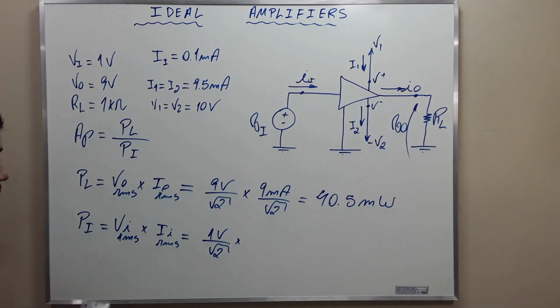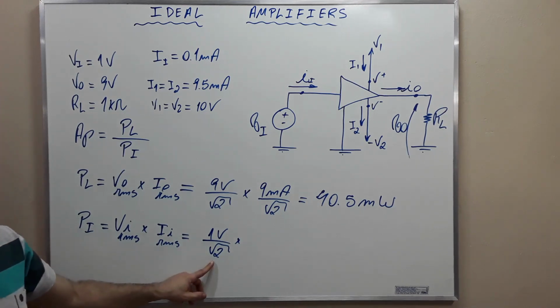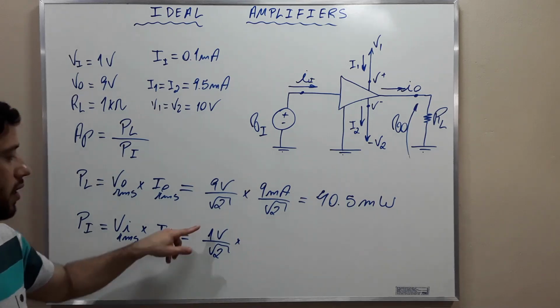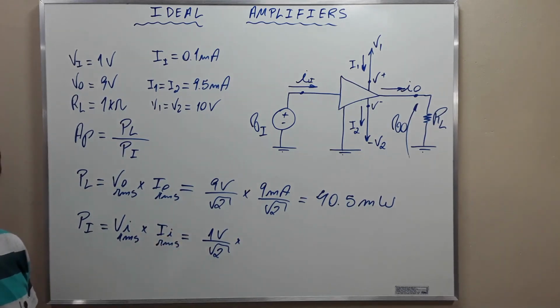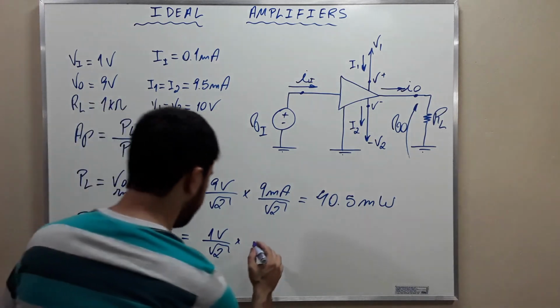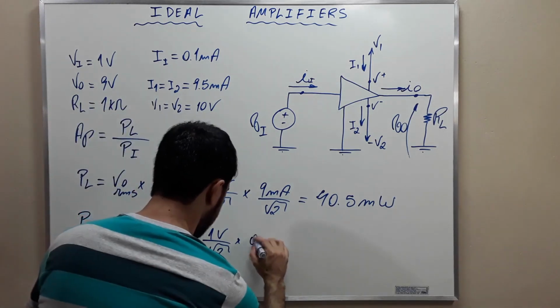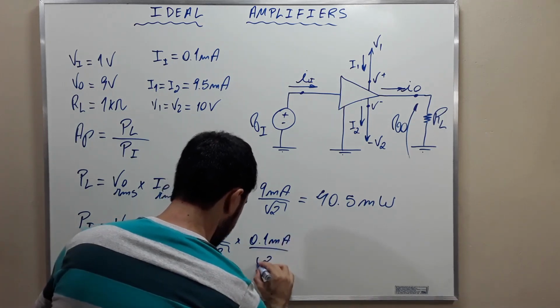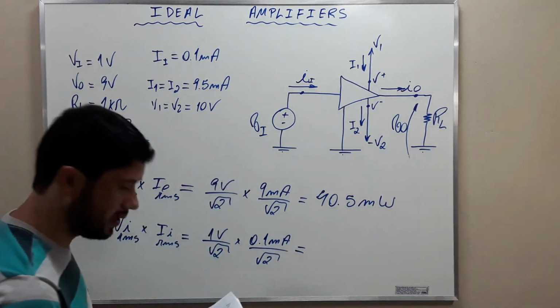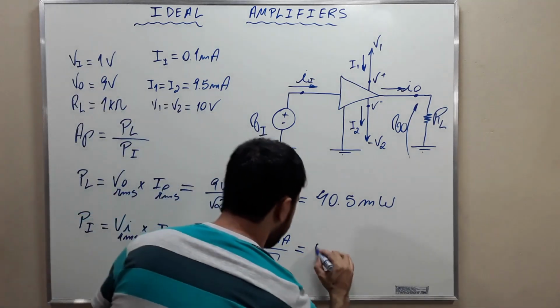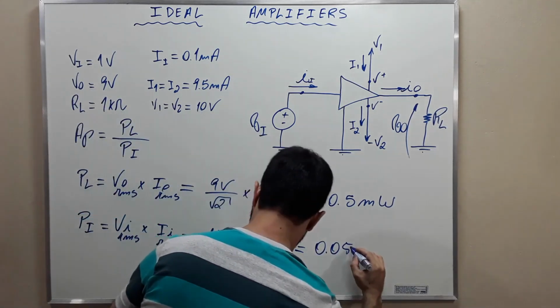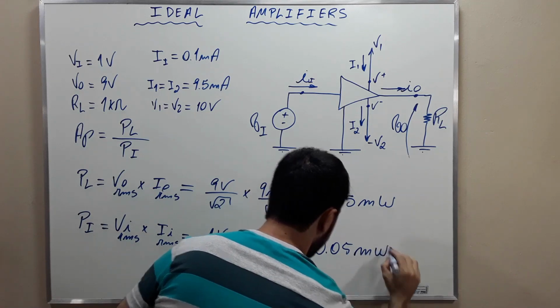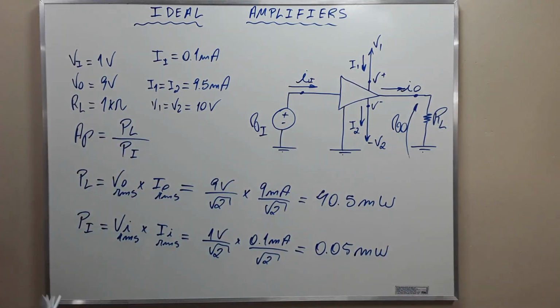Remember, again, to find the RMS value, we have to divide the peak value by the square root of 2. And then we find 0.05 milliwatts.